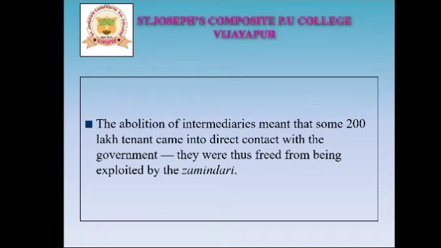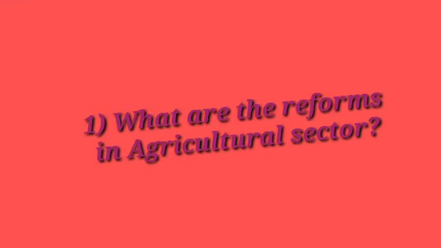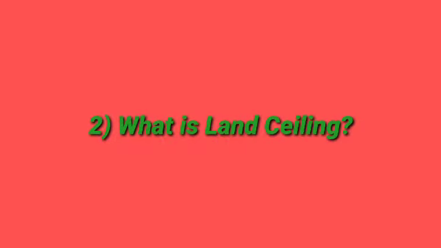Now students, we will move on to some exercise questions. Everybody needs to write in your book. Question one: what are the reforms in the agriculture sector? Second one, what is land ceiling?